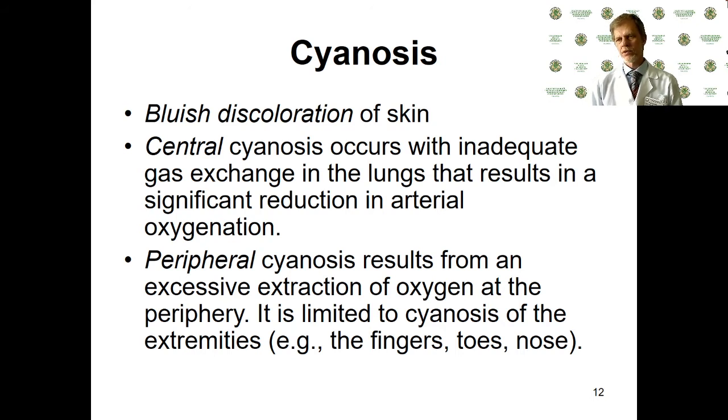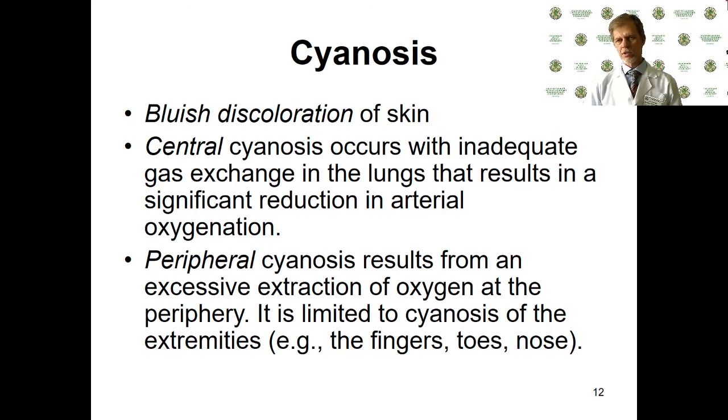Venous blood is dark blood. That's why when we have lack of oxygen in our blood, the color of blood changes, and we have a specific color of the skin.